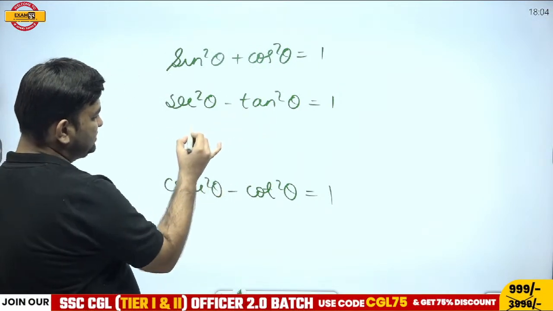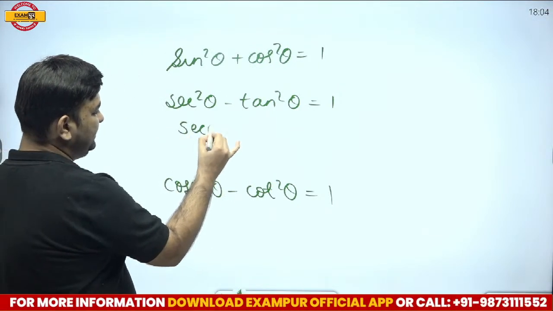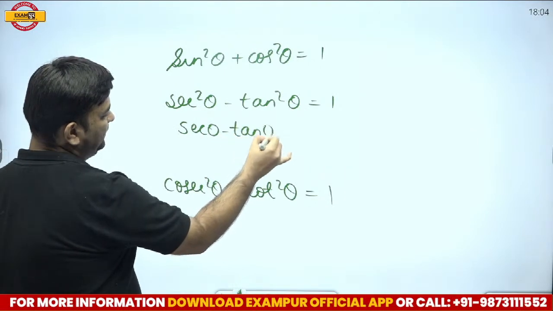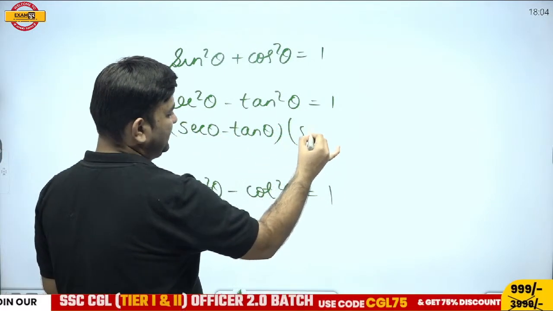Sec square theta minus tan square theta is 1. Break it as sec theta minus tan theta and sec theta plus tan theta.